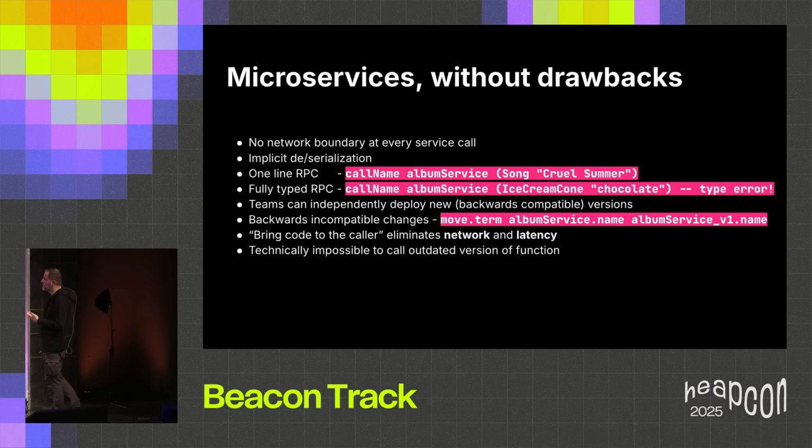So you could say you have microservices without drawbacks, microservices as they were supposed to be. Because you don't have a network boundary on every call. Over time, code will migrate over the distributed network setup you have, and nodes will collect the code that's needed, all the dependencies that are needed. It will execute them, and on top of that, your remote procedure calls will have full type guarantees.